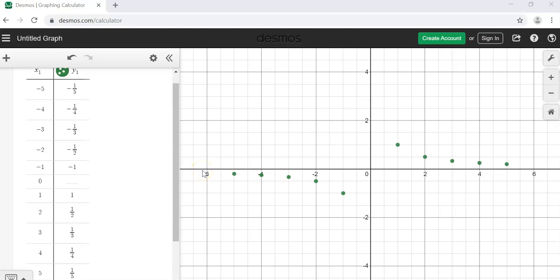For example, if I substitute in a very negative value, say x is equal to negative 1,000,000, then we would have a very, very small decimal. As I keep going towards negative infinity, this gets closer and closer to 0, but it never actually reaches 0. So we have a horizontal asymptote on this part of our function.